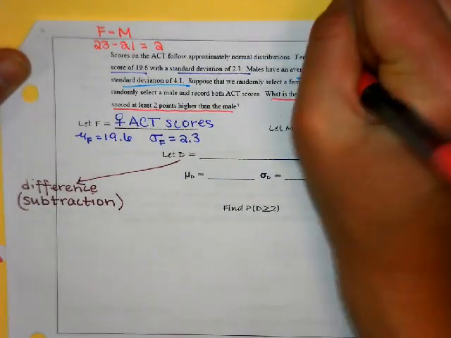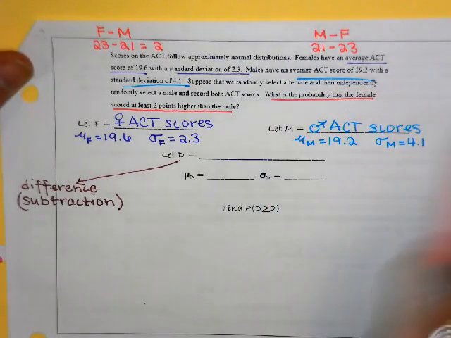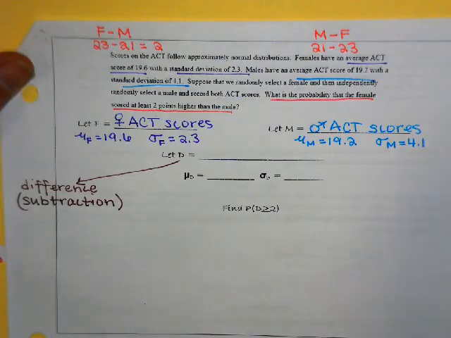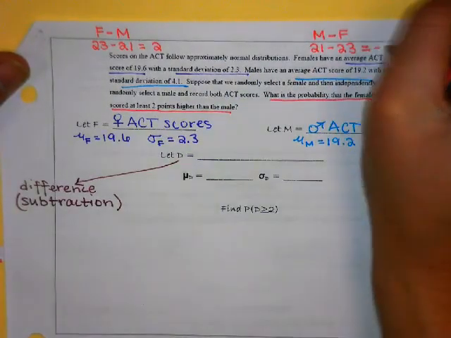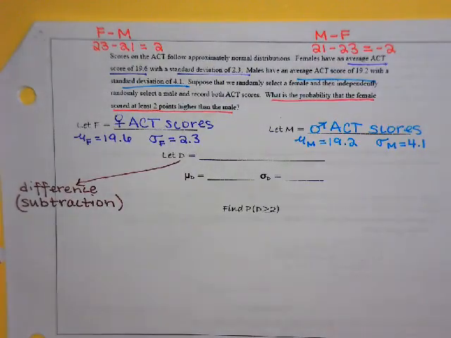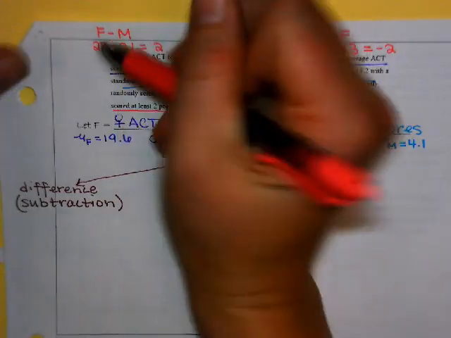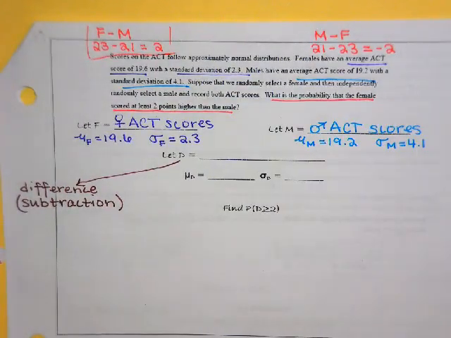It just would look funny because I'd be working in the negatives, but I could still do it. I personally am like Seth, and I would do female minus male. But you still could do it if you mixed up and did male minus female. We're going to do female minus male though.